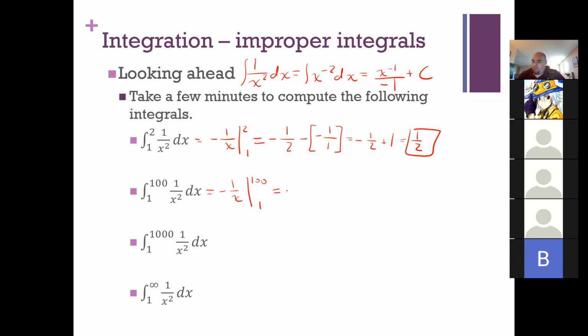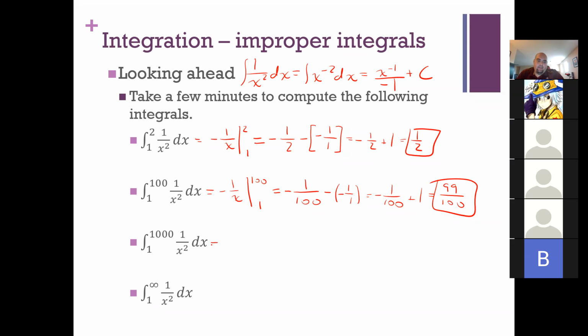Or sorry, is that your final result? Oh, no, just the first. Gotcha. Keep on going, and then minus parentheses -1/1. So basically -1/100 plus 1, that'll come out to be 99/100.